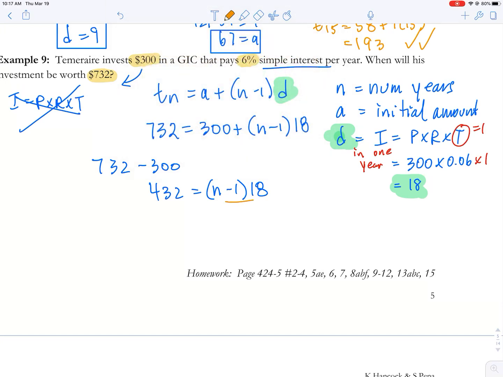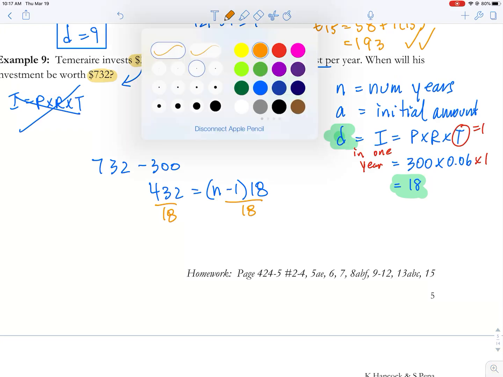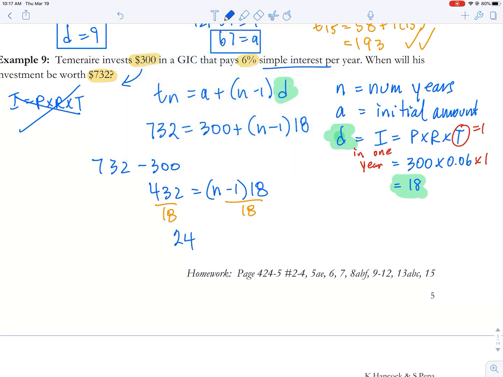Divide both sides by 18. So 432 divided by 18 gives 24. 24 equals n minus 1. So 24 plus 1 equals n. So n equals 25. And because they asked us in words, we're going to answer in words.